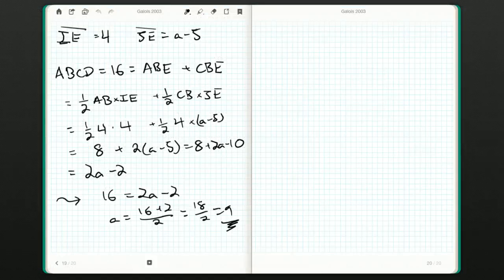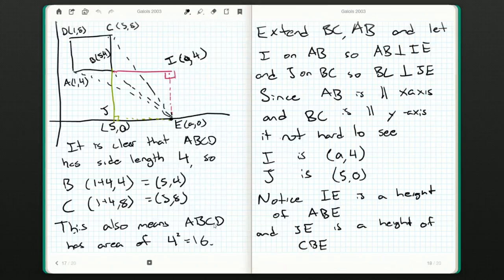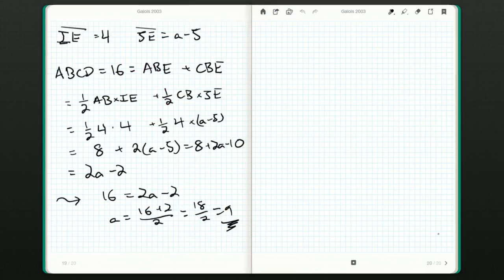So I will make a note, just because in the question they say that CBE and AB have to lie entirely outside of the square. What we could have had, so I'll just do a little mock diagram here.